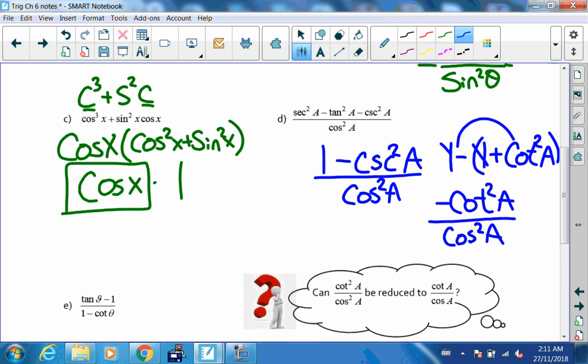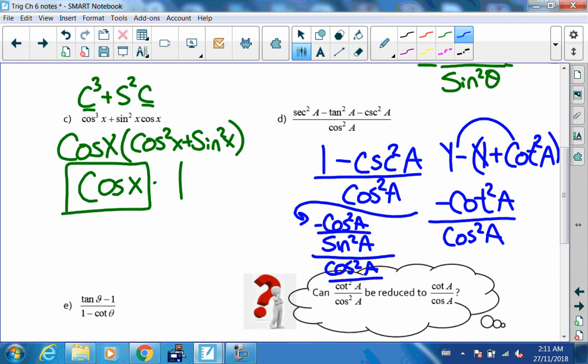Now cotan is cos squared over sine squared. So now I could write this, and my apologies, I'm going all over the place here. This is going to be negative cosine squared of A divided by sine squared of A, divided by cos squared of A. And I'm going to put that over 1 so we can see this.